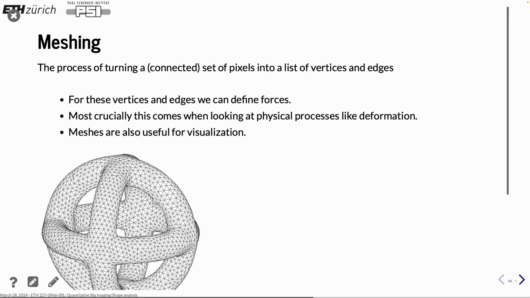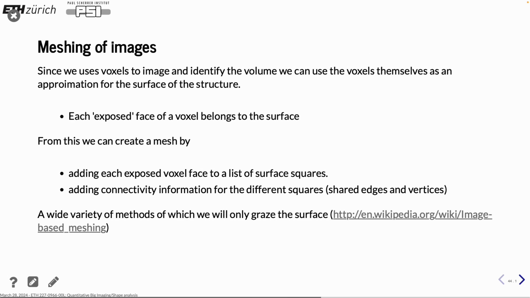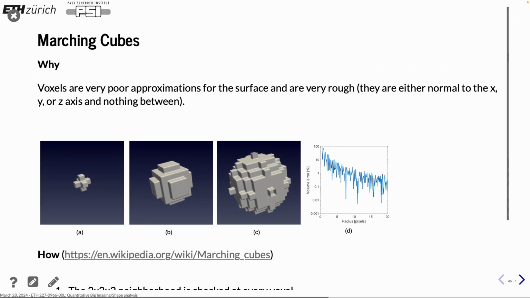Of course, also you can do some loading on it and check what happens when you put some forces on the system. The meshing is a task of itself, and it's done using something called the marching cubes algorithm.